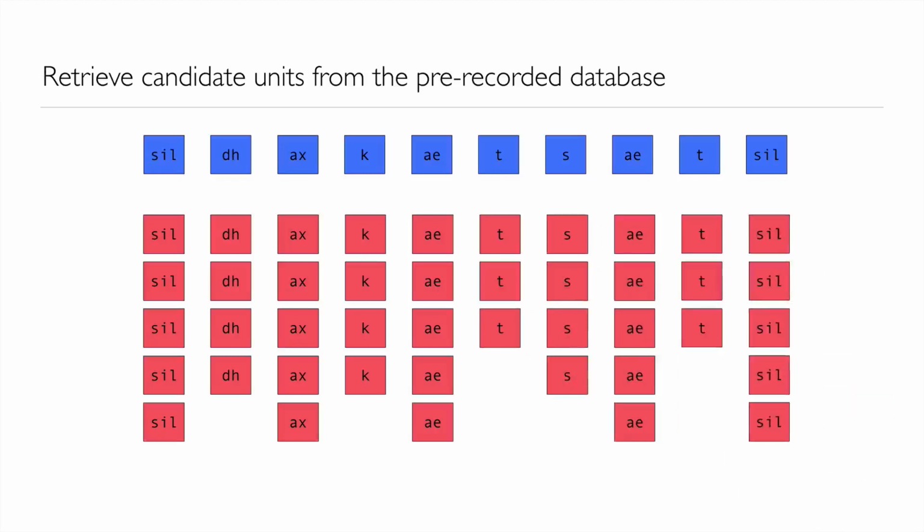So at this stage, I haven't applied any selection criteria at all, except that we're insisting on an exact match between the base unit type of each target and the candidates that are available to synthesize that part of the utterance. That implies then that our database minimally needs to contain at least one recording of every base unit type. And that should be pretty easy to design into any reasonable sized database.